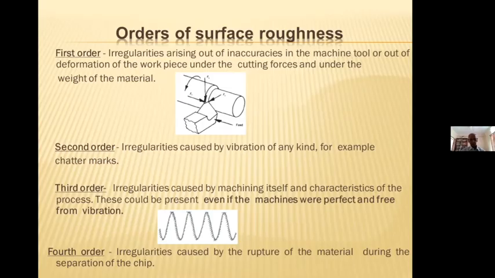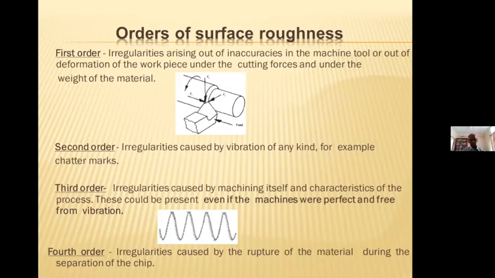This vibration will induce some arbitrary irregularities in the surface during the manufacturing process. So the irregularities due to vibration is known as second order surface roughness.